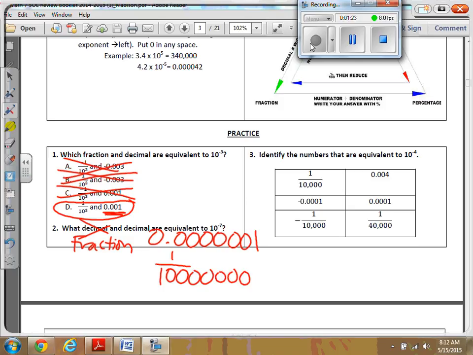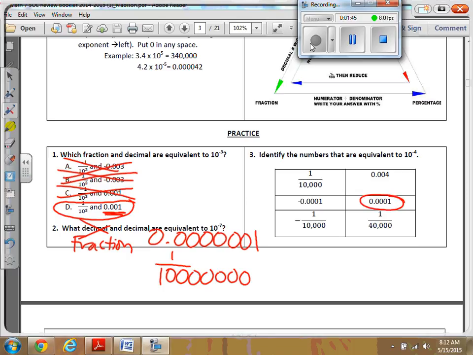Questions? All right, so then number 3, identify the numbers that are equivalent to 10 to the negative 4. So if you type in your calculator 10 and then hit the YX button and then press 4 negative, what decimal do you get? 0.0001.